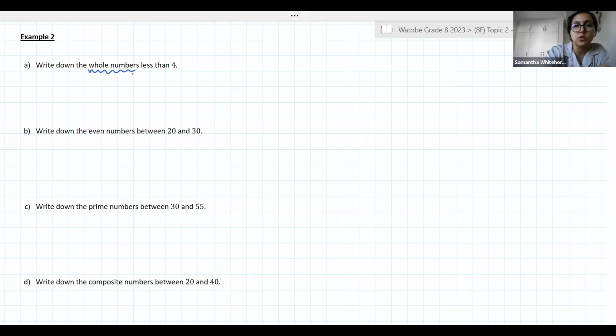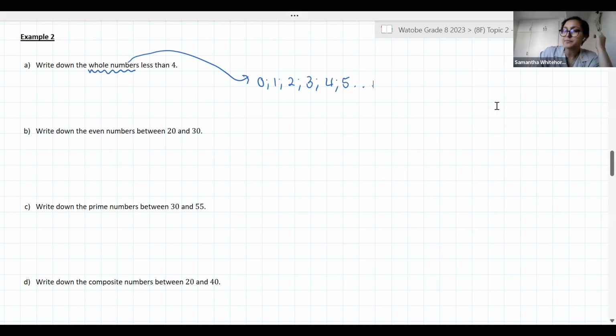We have spoken about the number system, but I'm just going to remind you that whole numbers are your numbers from 0 to positive infinity, and there are no fractions or decimals. So basically 0, 1, 2, 3, 4, all the way up to positive infinity. So the first question is asking you to write down the whole numbers that are less than 4.